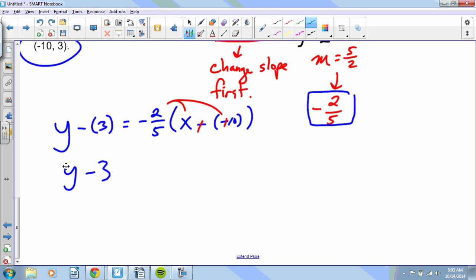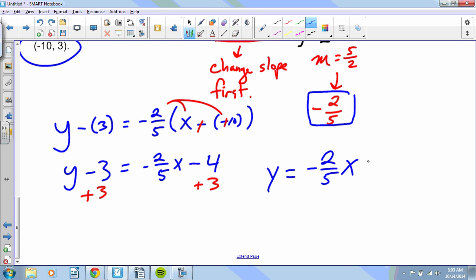So y minus 3 will equal a negative 2 over 5x. Negative times a positive is a negative. So 2 times 10, that's 20, divided by 5, you get 4. And then the last step, just add that 3 to both sides. So y will equal negative 2/5 x minus 1.